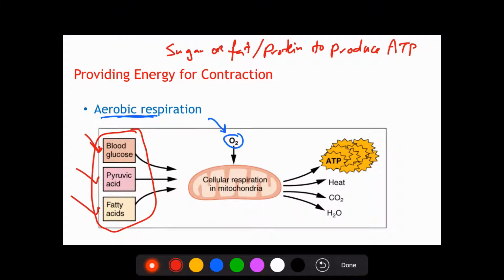Now, scientists decided that the basic unit of measuring ATP production would be the glucose. Through aerobic respiration, one molecule of glucose will give us, I think, 32 ATPs.